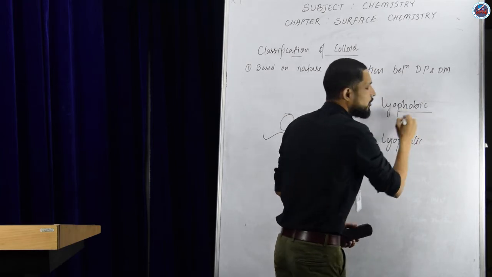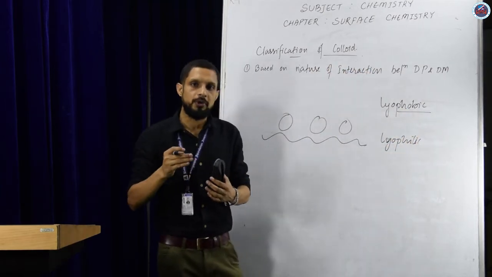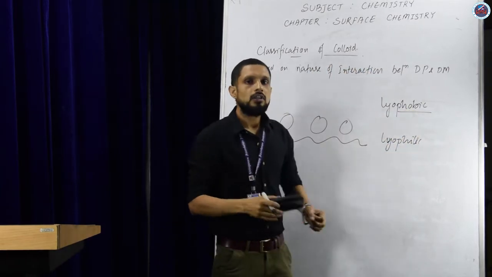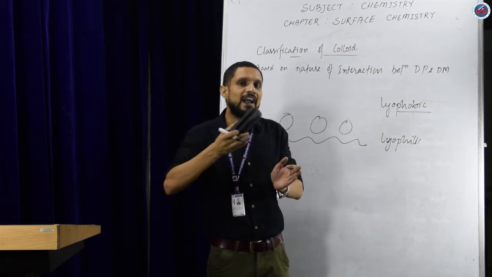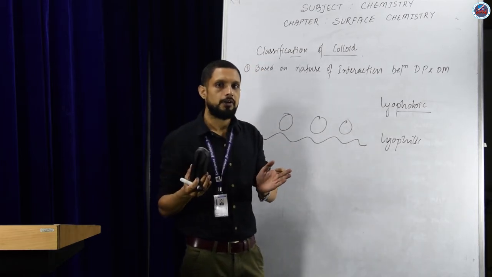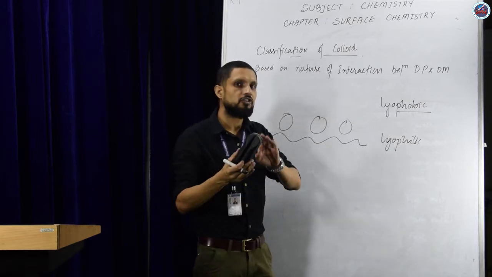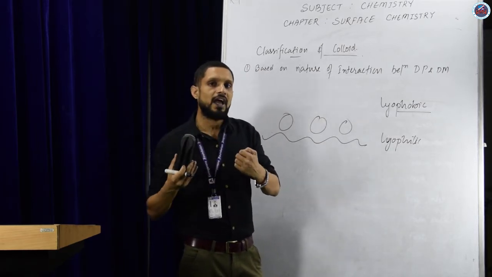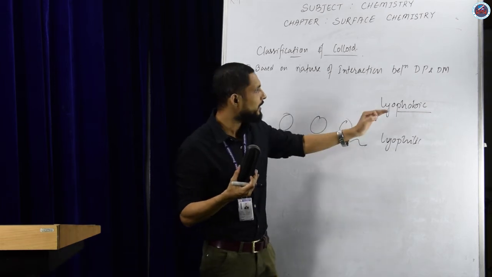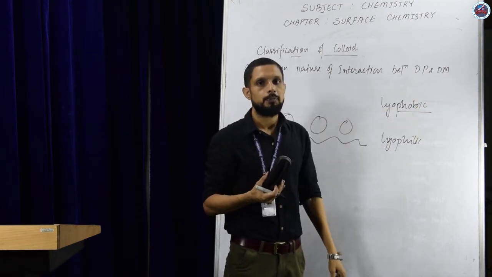We know phobic means a kind of phobia. So here, the dispersed phase particle dislikes the dispersion medium particle. The colloids where the dispersed phase and dispersion medium particles have disliking for each other are known as lyophobic colloids.